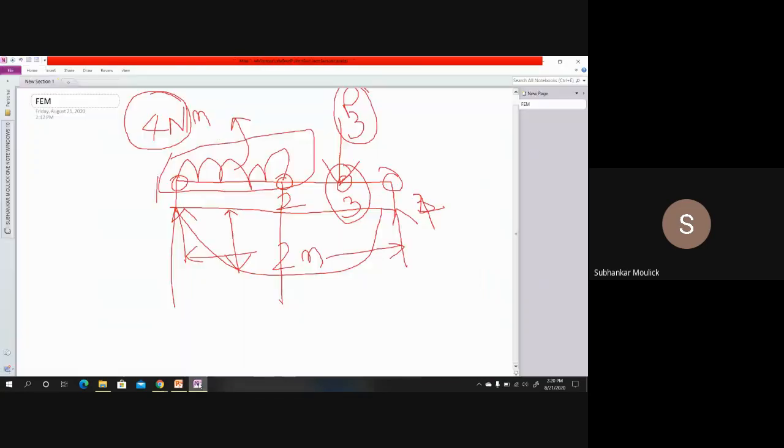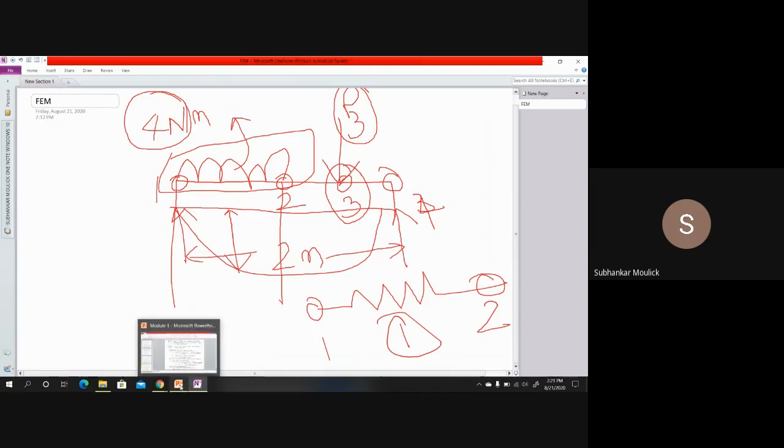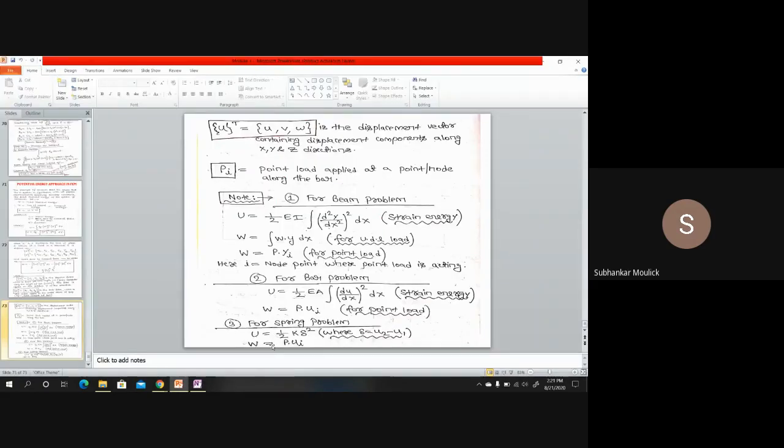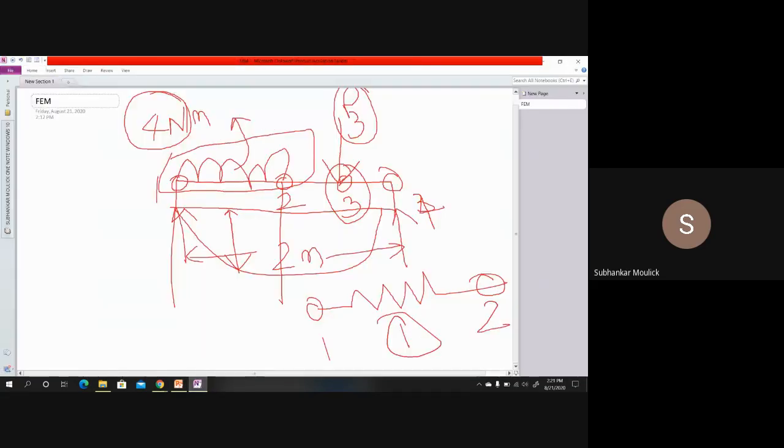If I have a spring, say this is node number 1, this is node number 2, and this is one element of a spring, then for this spring I can formulate the potential as Pi is equal to U minus W. U will be half K into delta square. Delta is the overall deflection.